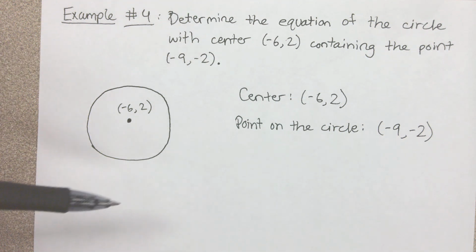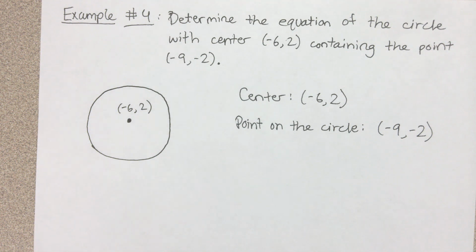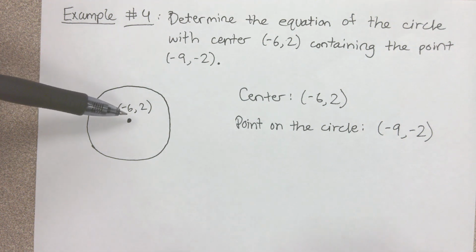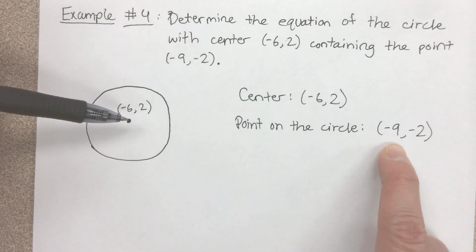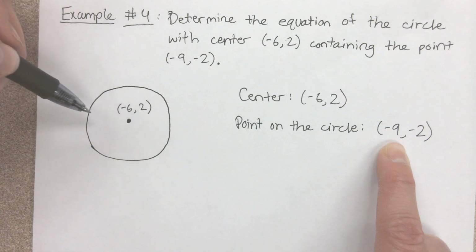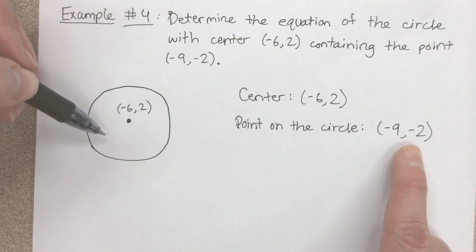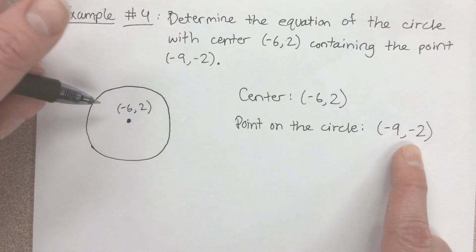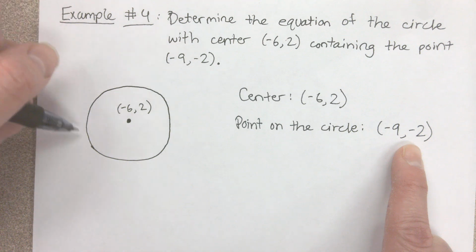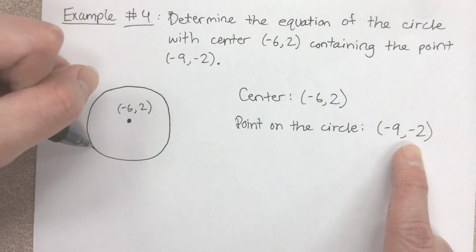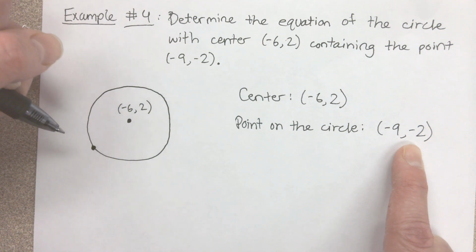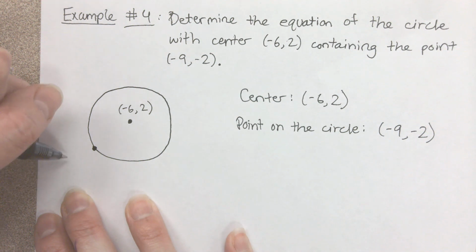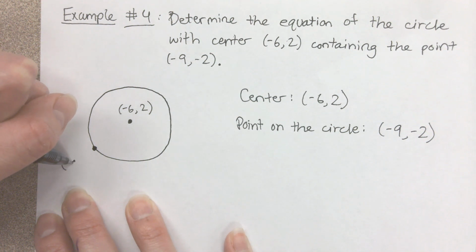And then I'm not actually on the graph, so this isn't going to be perfect, but just in theory, -6, 2, and then the point -9, -2, that would be left 9 from here, and then it'd be down 4. It's not going to be a straight shot by any means, so I'm just going to put it like right here. And let's say that's where that point is, -9, -2.